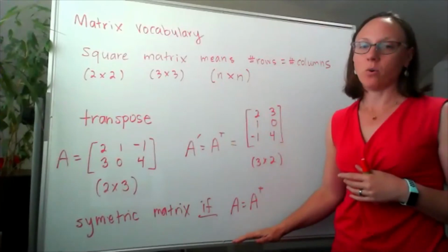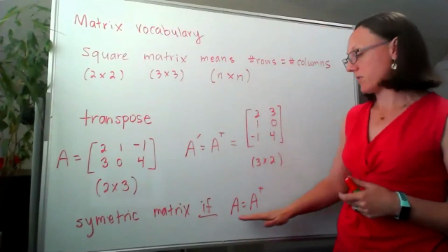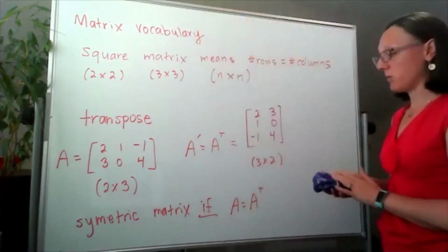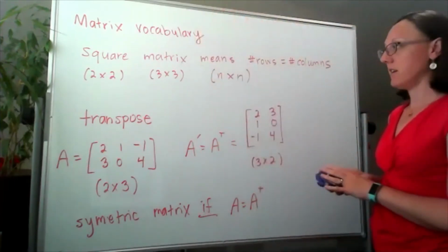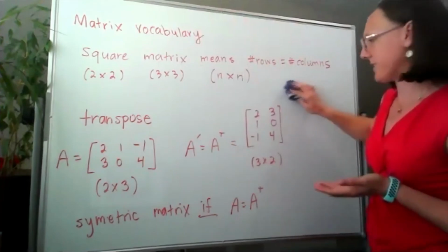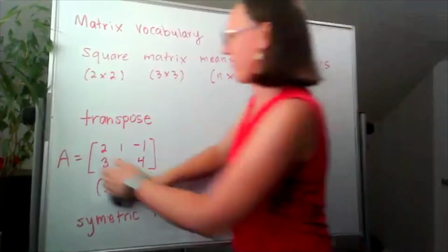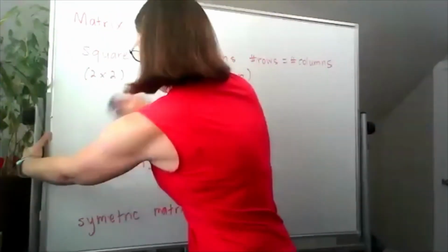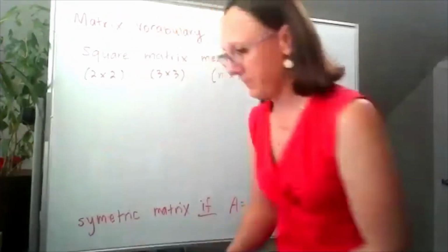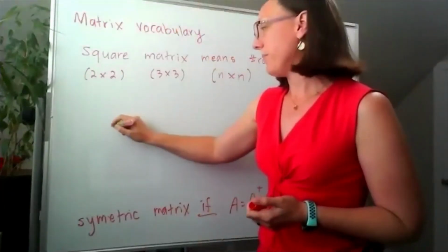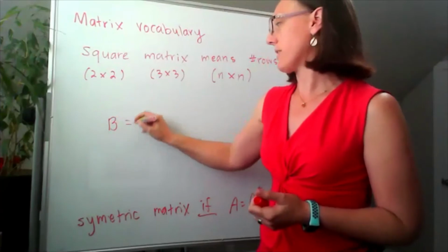So unless the numbers of rows and columns are equal, there's no way this can be true. We saw a couple of examples of symmetric matrices in lecture today. Let's see if we can come up with one ourselves. First of all, we know that it needs to be square.